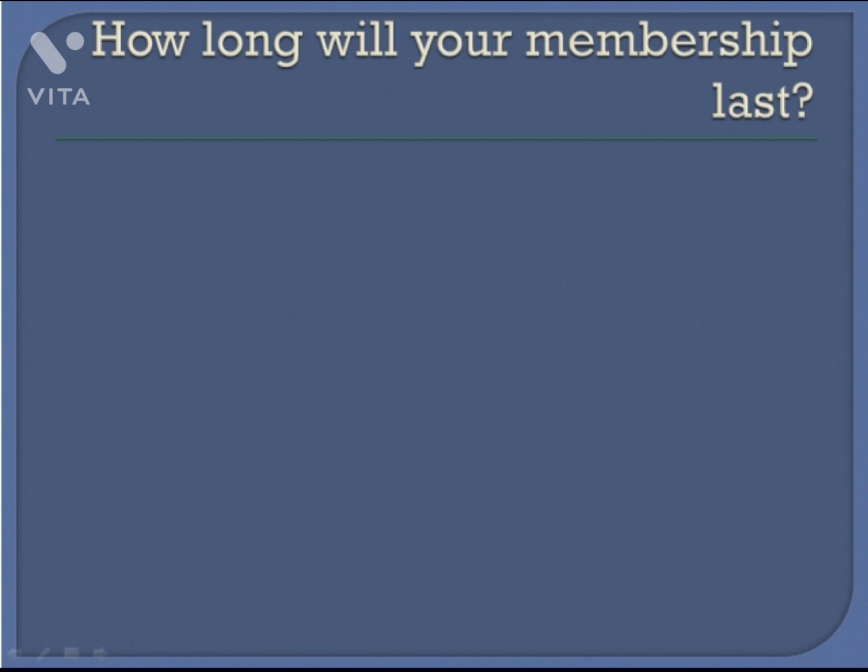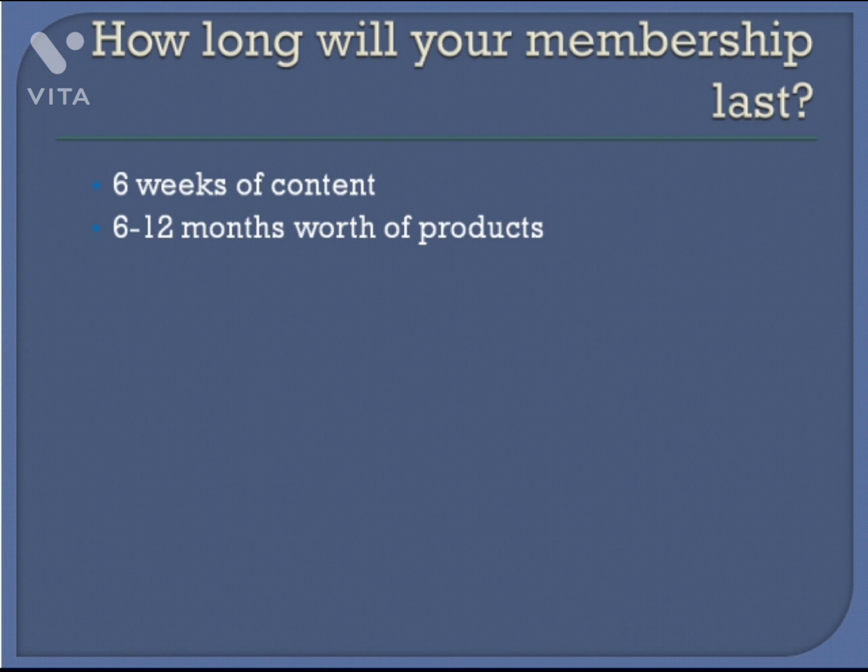Now, what you can do initially is when you gather all the content and see how much content you have, what kind of content you might need to add, then that will tell you how long your membership site will last realistically. You could have 6 weeks of content, you could have 6 to 12 months worth of products. It really depends on your audience and who is buying your products.